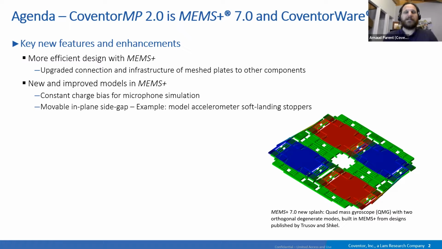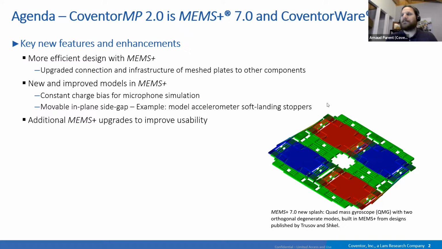The other is to have a movable gap component, so in plane an electrode that can have an electrostatic, a contact, or a squeeze film damping model. That's something new. It used to be only between one movable and one fixed object. Now it can be between two movable objects.